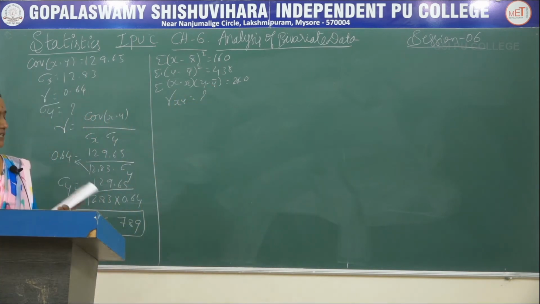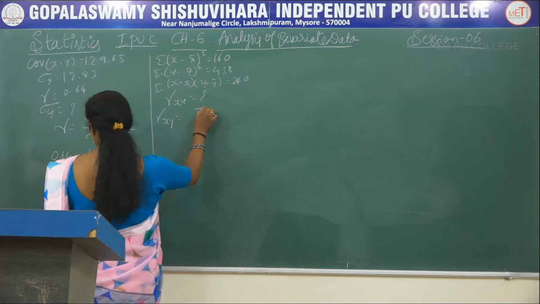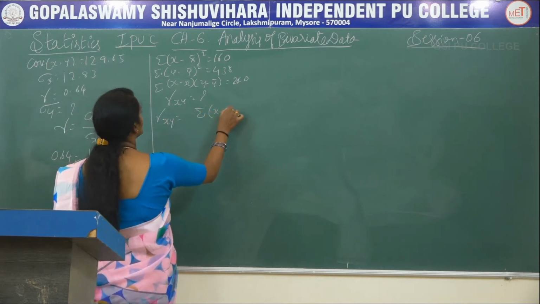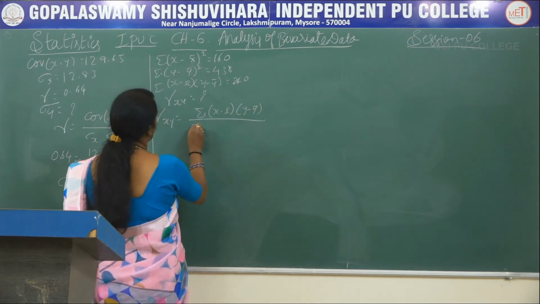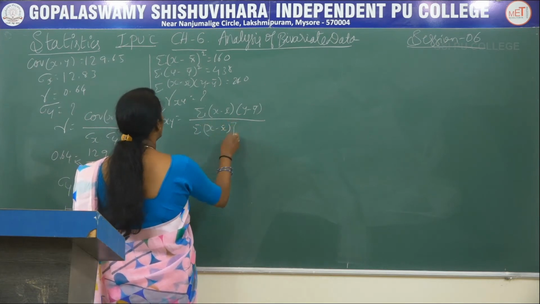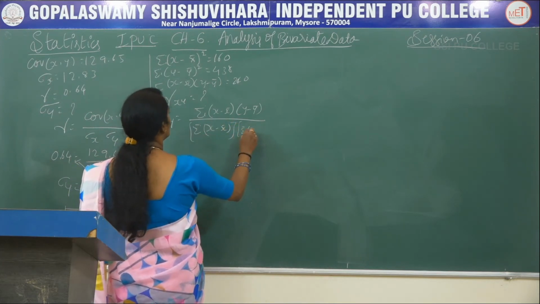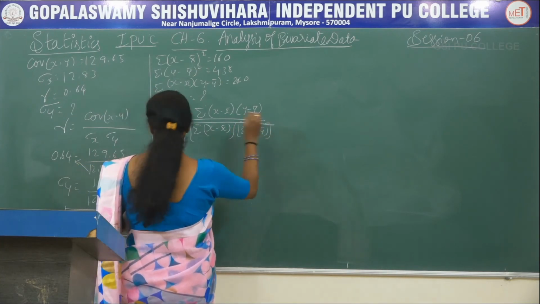So for this let us write the relation. r is equal to summation of x minus x bar into y minus y bar divided by the square root of summation of x minus x bar whole square into summation of y minus y bar whole square. This is the formula.